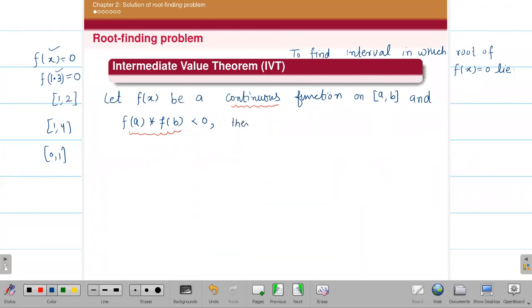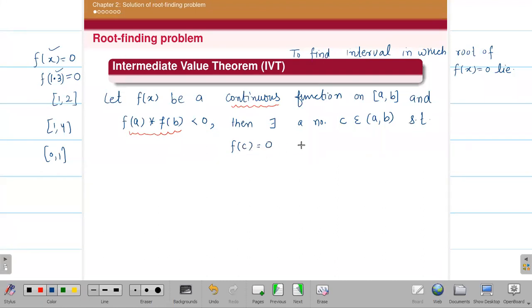So if these two conditions are satisfied by any function on any interval, then there exists a number C belonging to the open interval AB such that f of C will be 0.